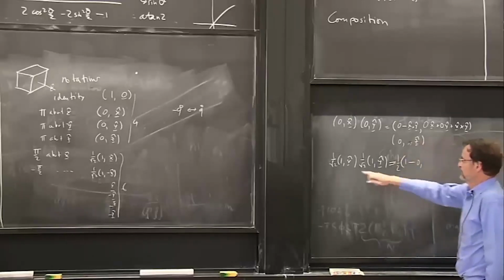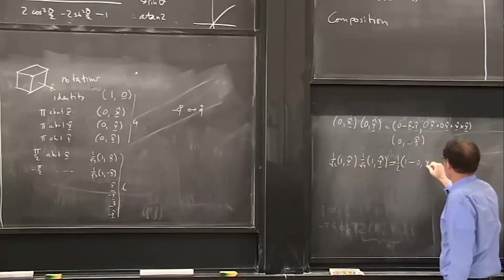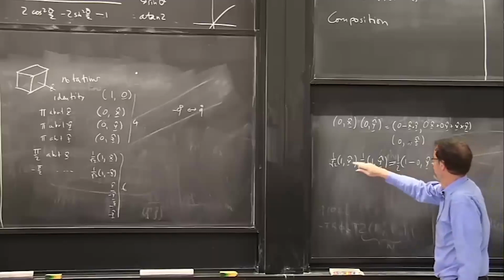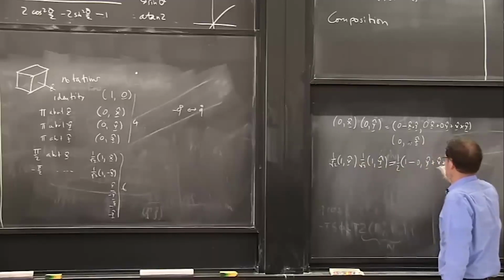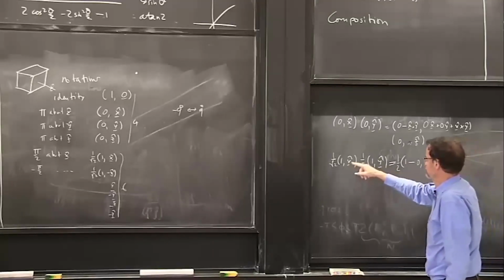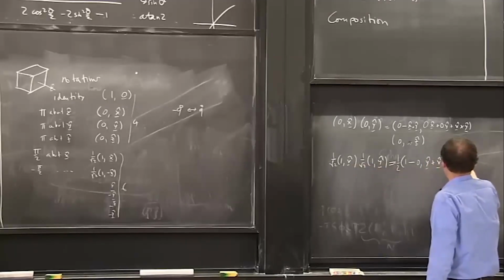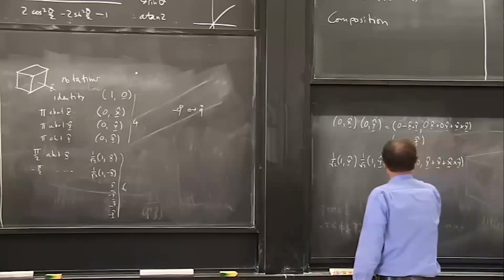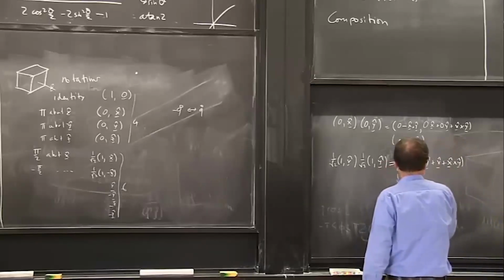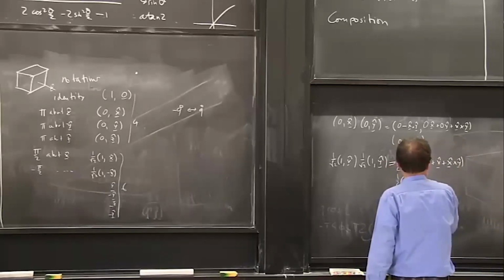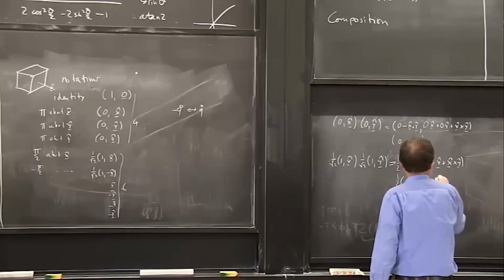And then the vector part is 1 times y plus 1 times x plus x cross y. So that's 1/2, 1, and x hat, y hat, plus x hat, y hat, z hat.